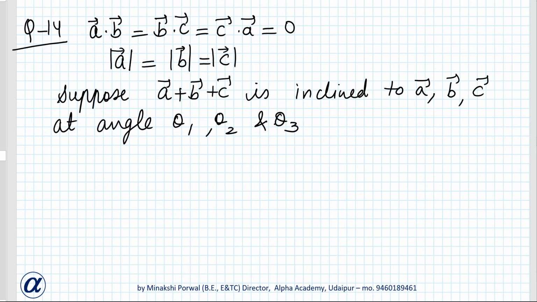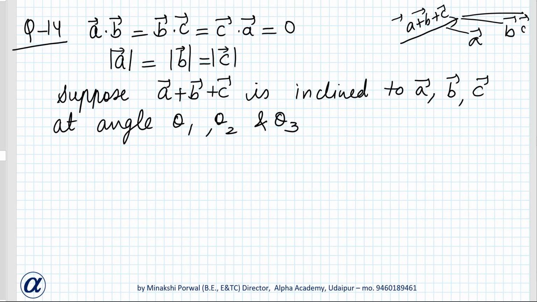What we actually have to prove is that for the vector A plus B plus C, the angle which this vector forms with A, with B and with C is equal.